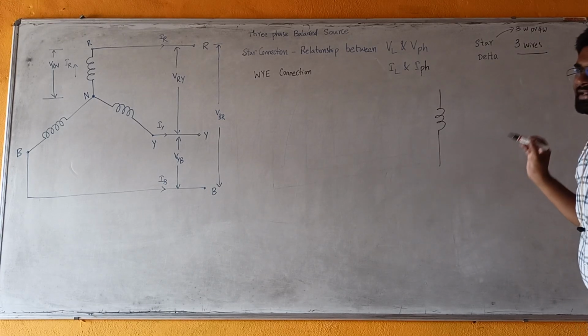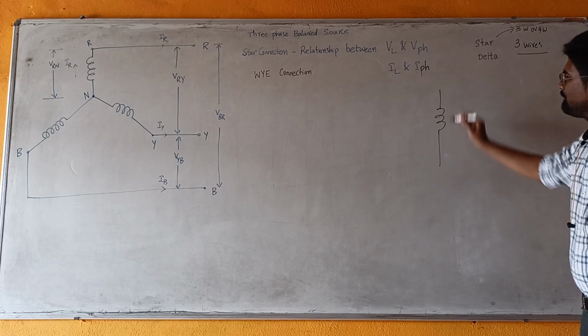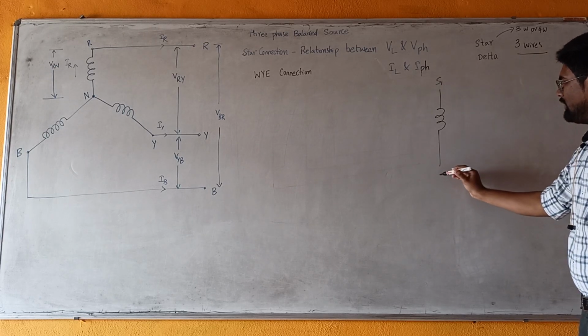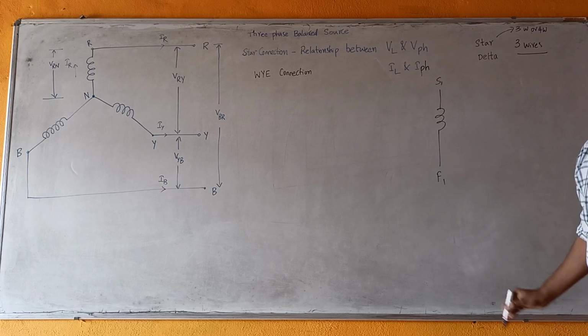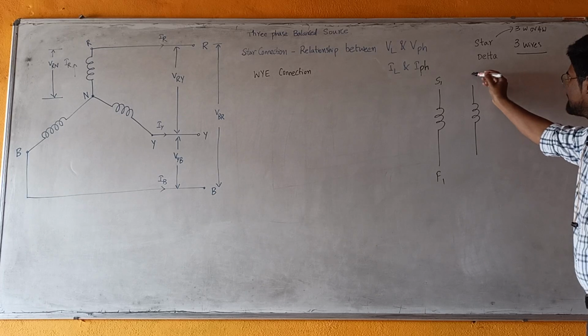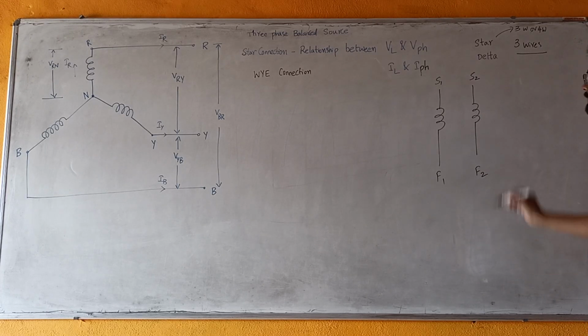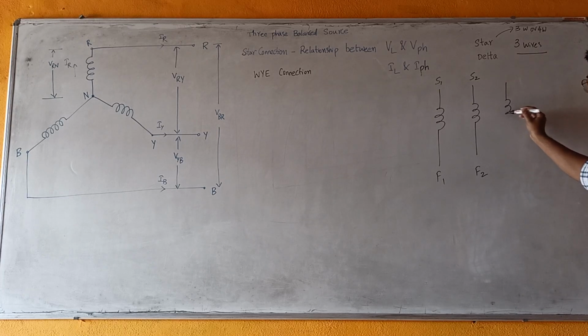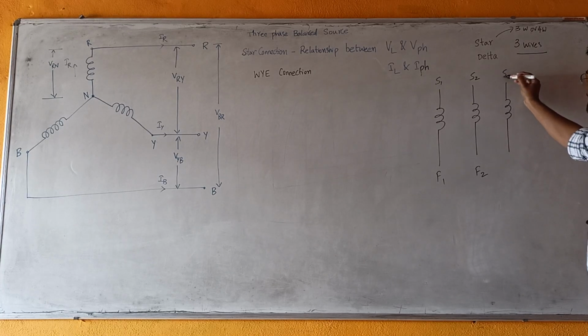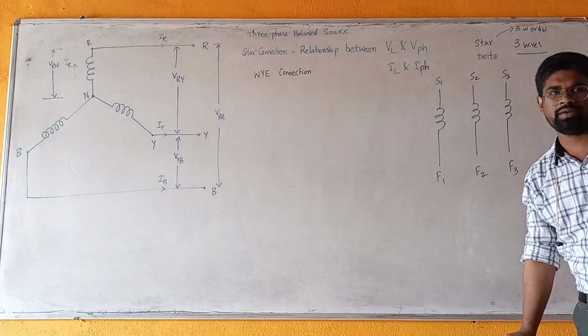So here I am considering 3 coils. Say this is coil 1, with starting terminal S1 and finishing terminal F1. This is the second coil with starting terminal S2 and finishing terminal F2. And the third coil, where S3 is the starting terminal and F3 is the finishing terminal.